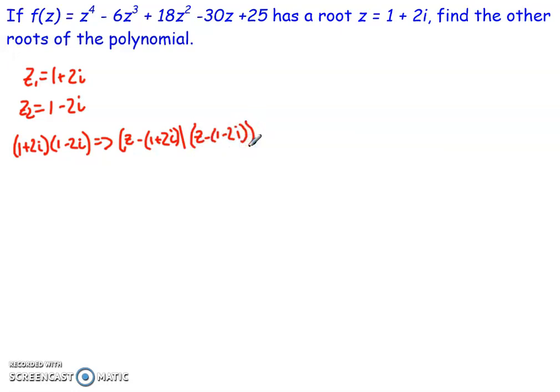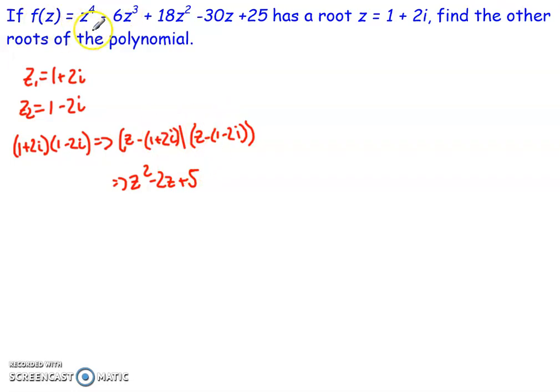So z take away each of the two roots. If I multiply those out and gather all the like terms together, I'll end up with z squared minus 2z plus 5. So that's what this part here is.